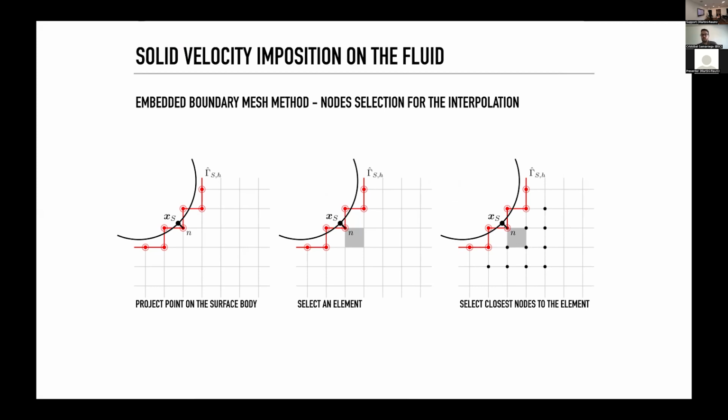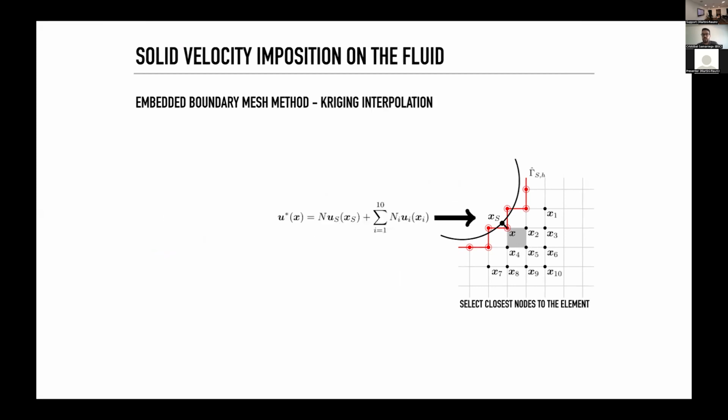But why do we have to do all this selection of nodes? Because at the end, what we want to do is to approximate the velocity at this node using all the velocities on the selected nodes and the velocity on the projection node, okay?